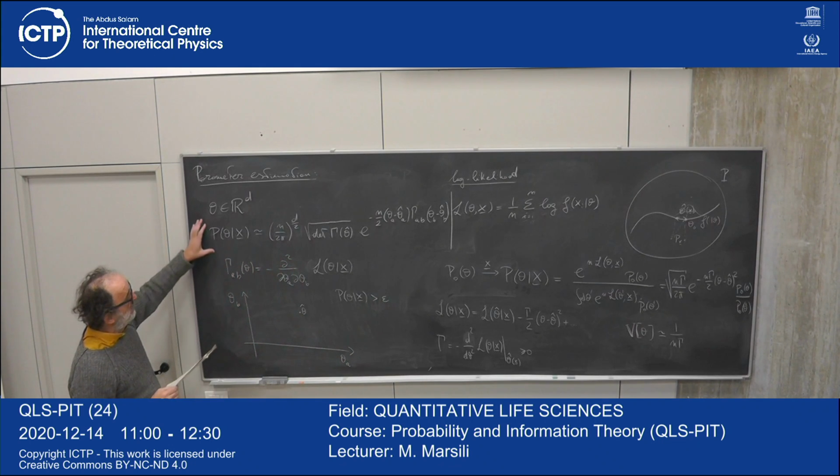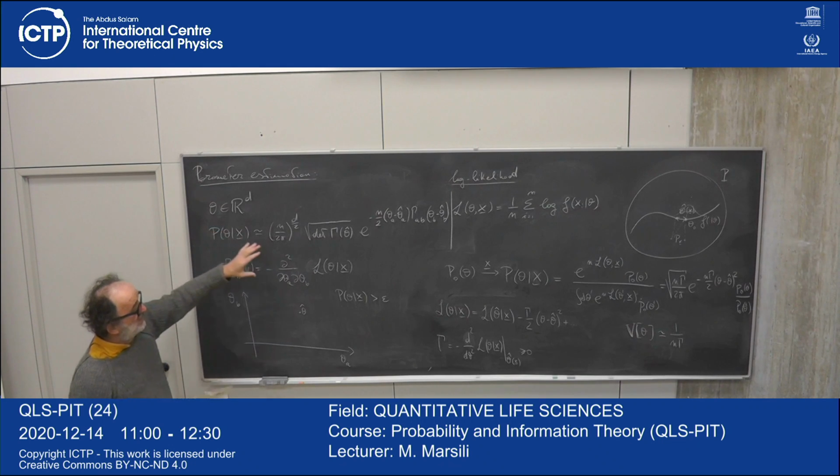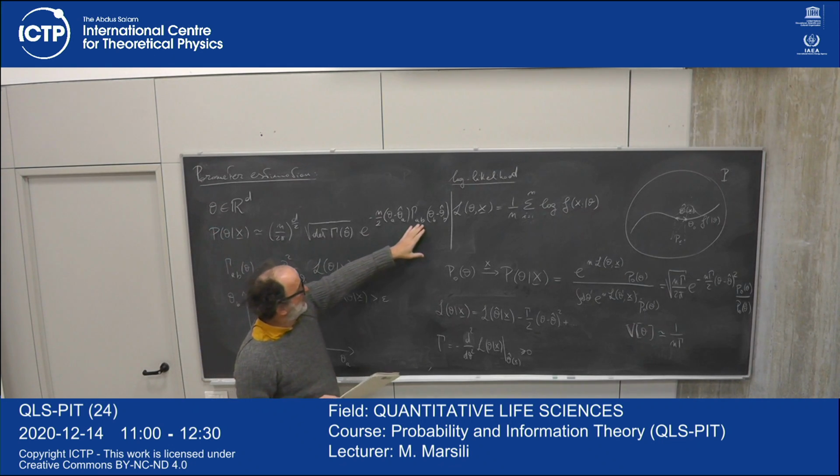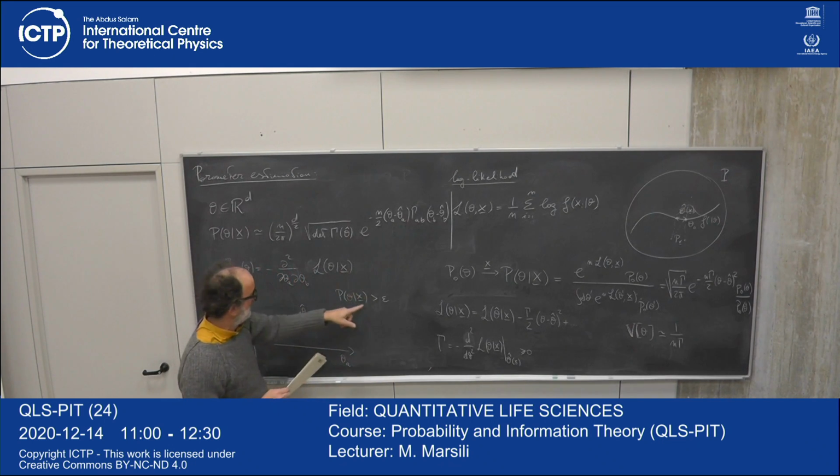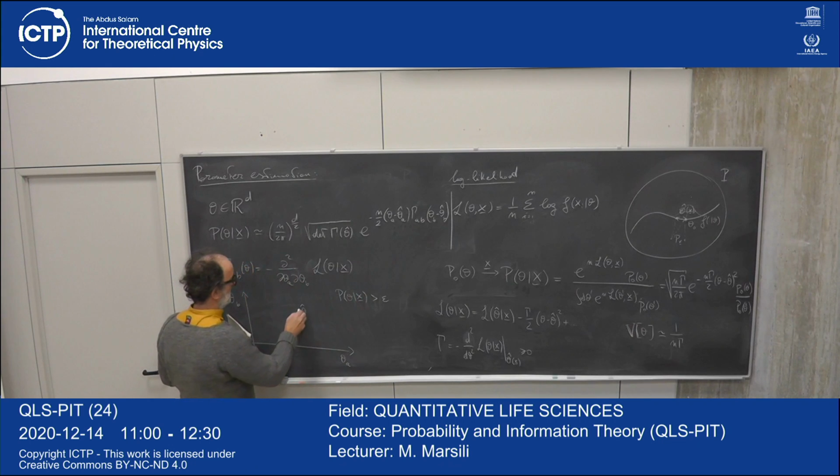Then this region here is going to be a region where this quadratic form is less than a certain value. So this quadratic form, if you draw this region here, this will be essentially an ellipsoid around this point.